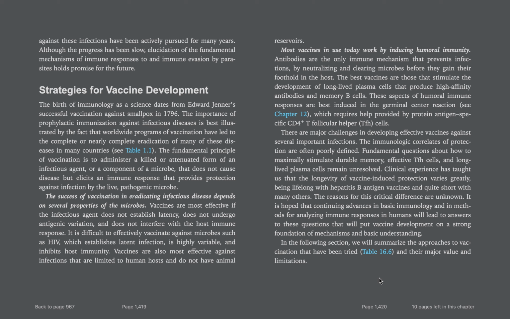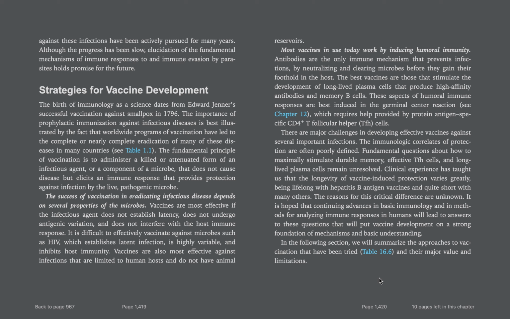Clinical experience has taught us that the longevity of vaccine-induced protection varies greatly, being lifelong with the hepatitis B antigen vaccine and quite short with many others. The reasons for this critical difference are unknown.